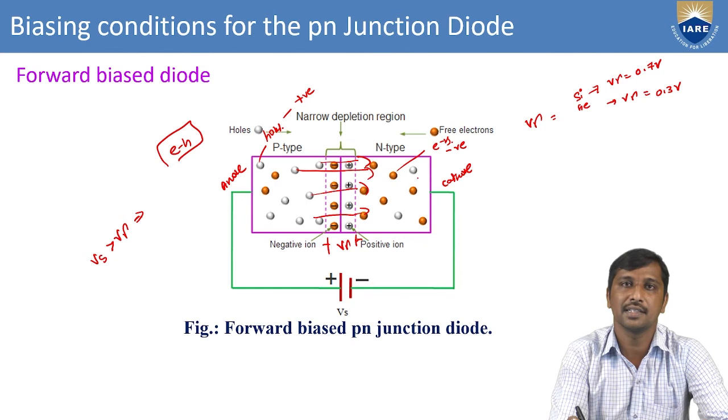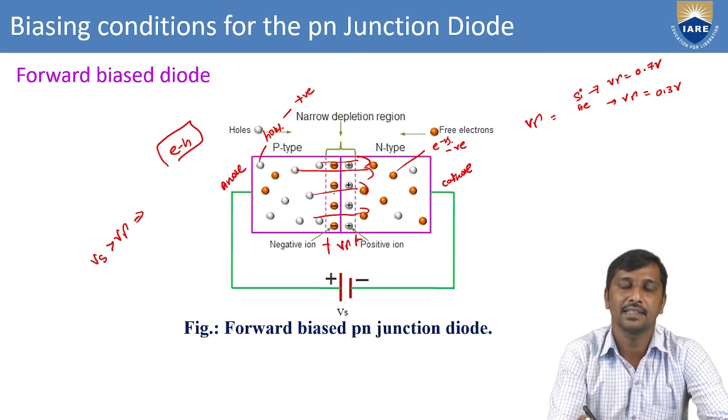If you consider the N side, the majority charge carriers, that is electrons, are diffusing from the N region to the P region. Due to this applied external force, more electrons are diffusing from the N side to the P side to break this potential barrier and allow conduction across this PN junction.